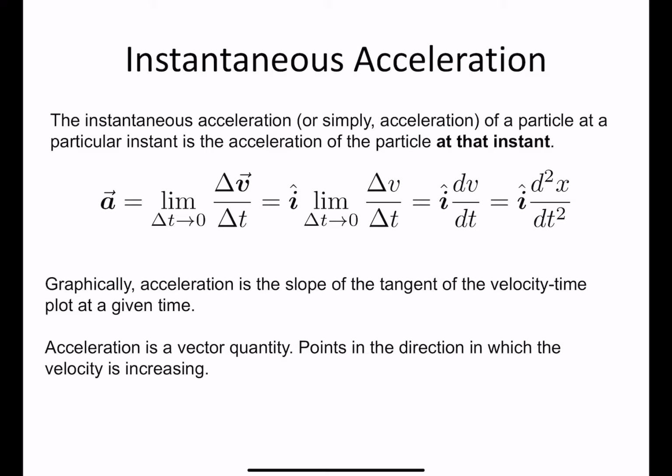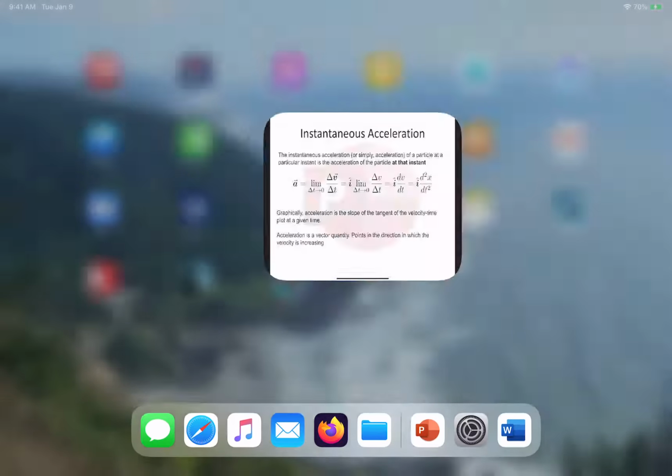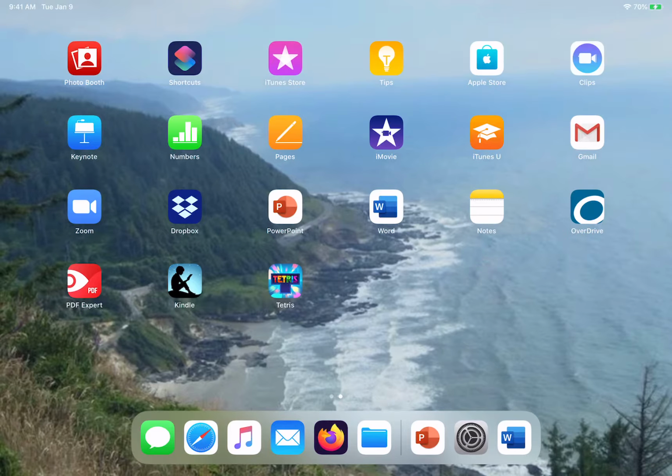All right. Now, what we just calculated was the average acceleration, the average acceleration over a certain interval of time. But what we are often much more interested in finding is the instantaneous acceleration. Like, what is the acceleration at one particular instant of time? The instantaneous acceleration is calculated in exactly the same way as we found the instantaneous velocity.